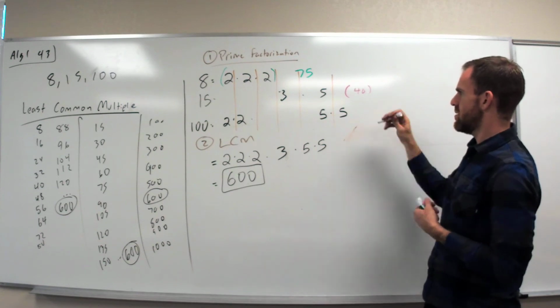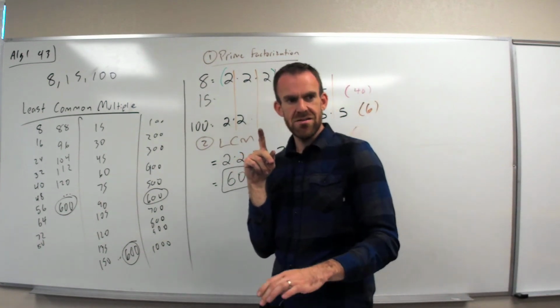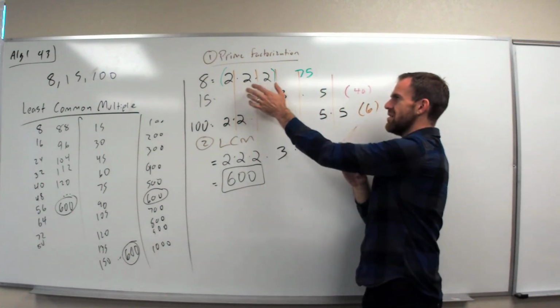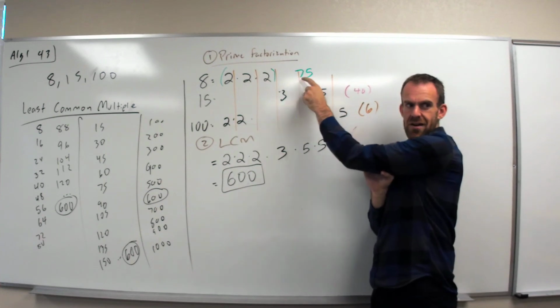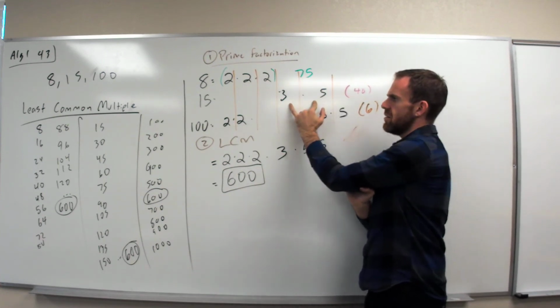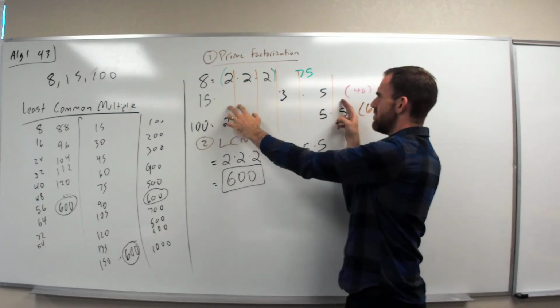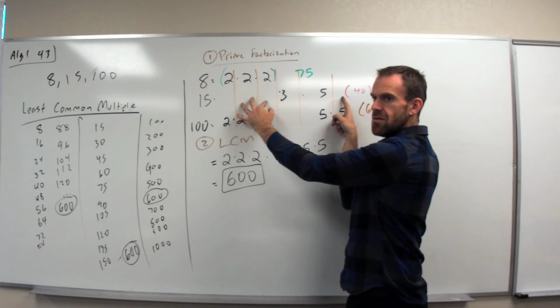Wrong. Now notice something very carefully here. What are the numbers that are left out? 3 times 5 times 5 is 75. What about here? 4 times 5, 8 times 5 is 40.